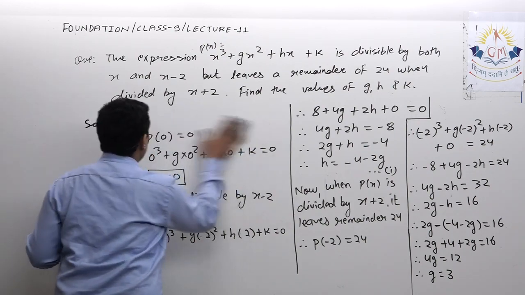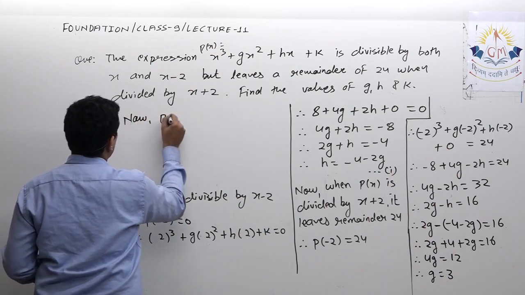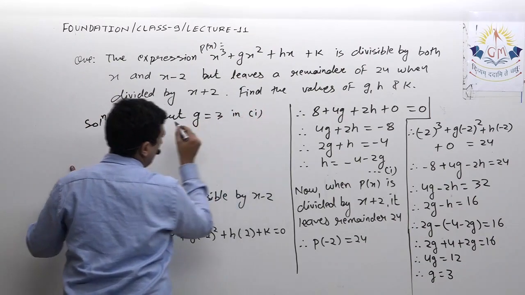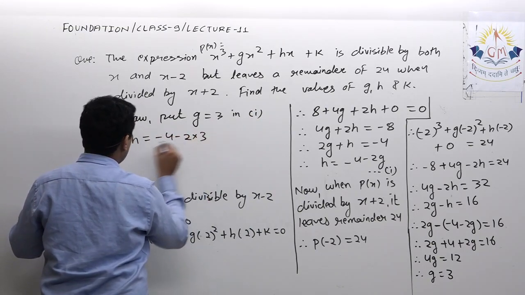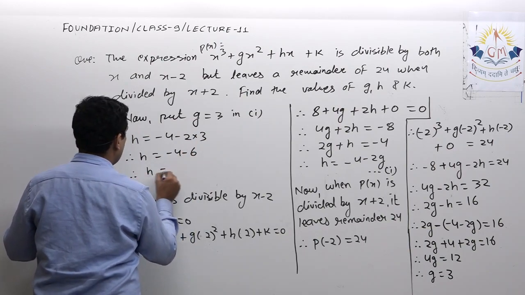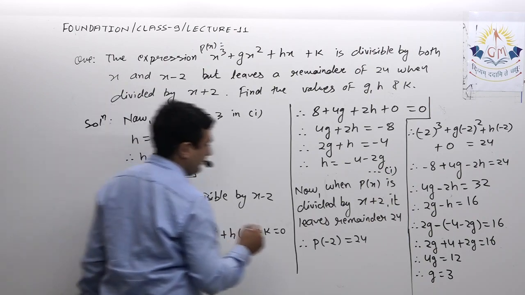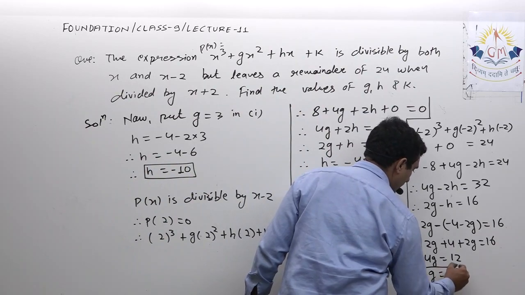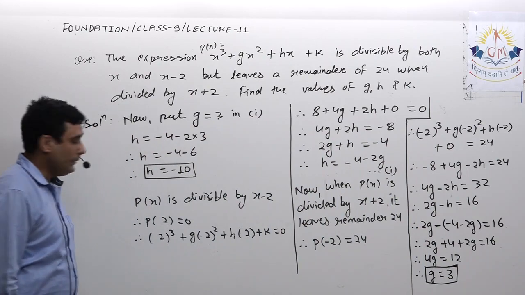Okay, simply put g is equal to 3 in the first relation. So h is equal to minus 4 minus 2 into 3. Therefore h equal to minus 4 minus 6. Therefore h equal to minus 10. So here I got the value of the third variable, h as well. So please note it down.